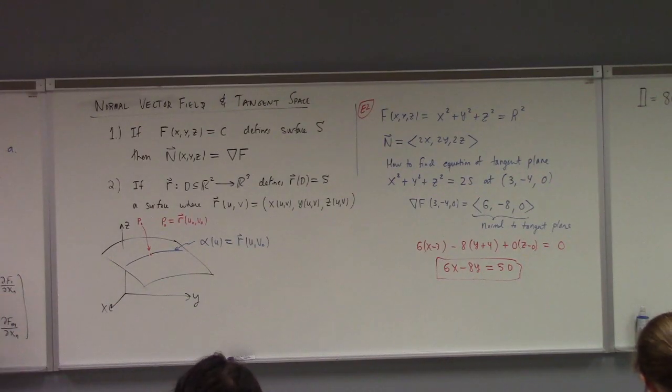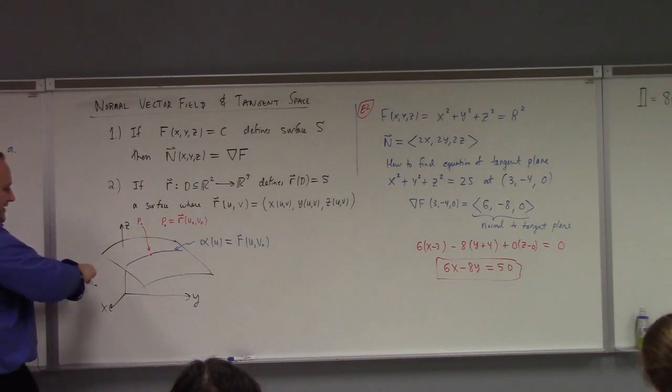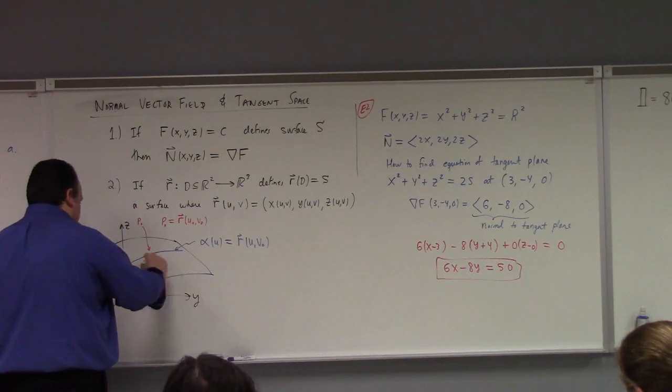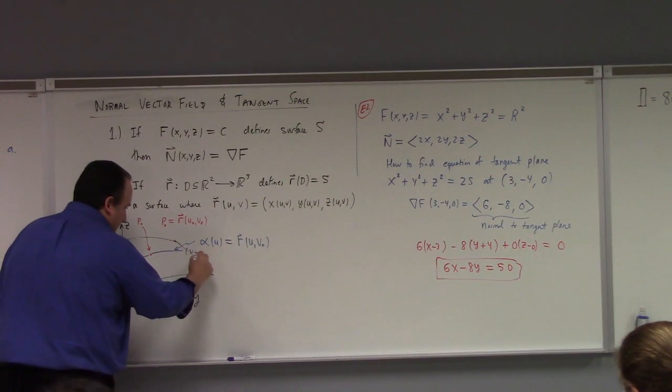So my alpha curve at the moment, what is it doing? It's freezing V equal to V naught. This blue line here, you could describe it by V equals V naught.